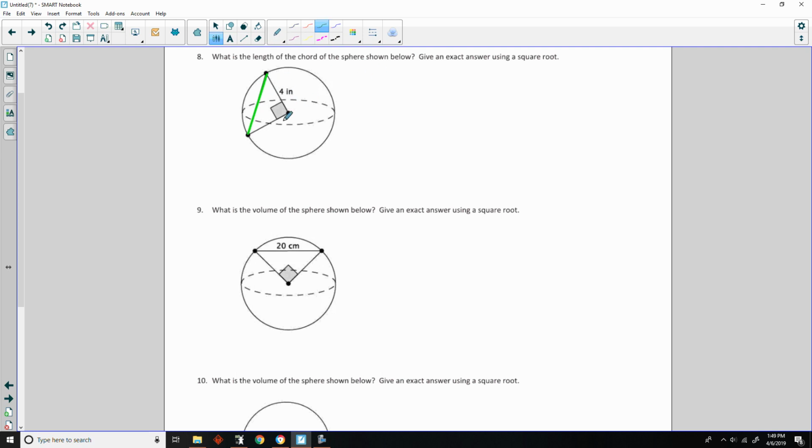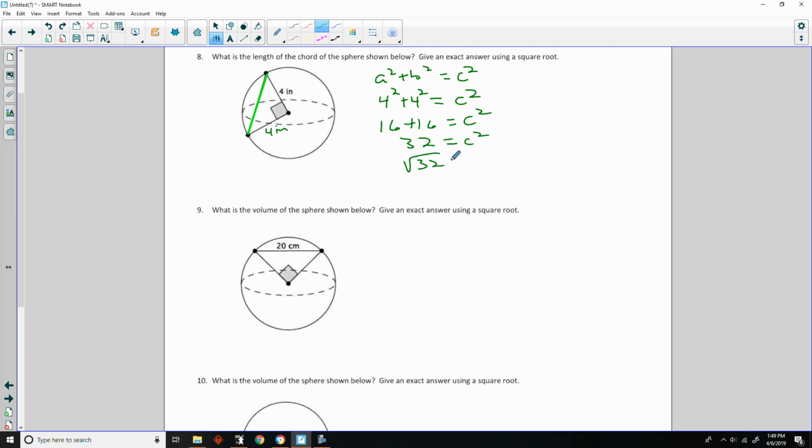So again, this is the Pythagorean theorem, and this is a radius, and this is a radius, therefore that is 4 inches as well. So a squared plus b squared equals c squared. 4 squared plus 4 squared equals our chord squared. 16 plus 16 equals our chord squared. 32 equals our chord squared.